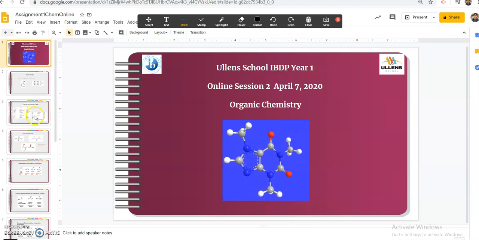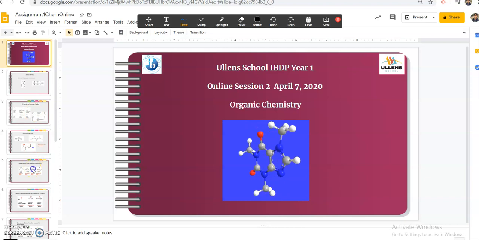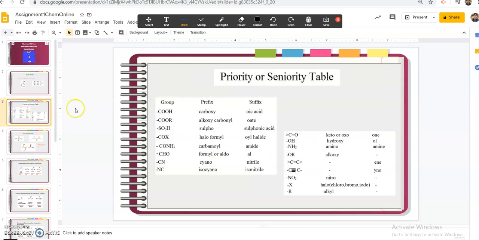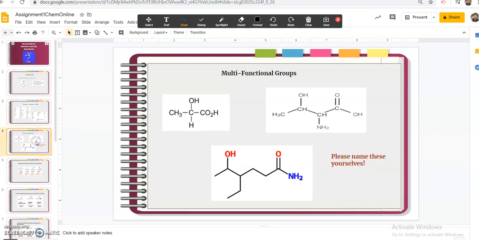So I'm just going to jump into this slide where we talk about different kinds of carbons based on connectivity. Actually, right before that, I want you to go over the priority table for functional groups and try to name these three compounds.